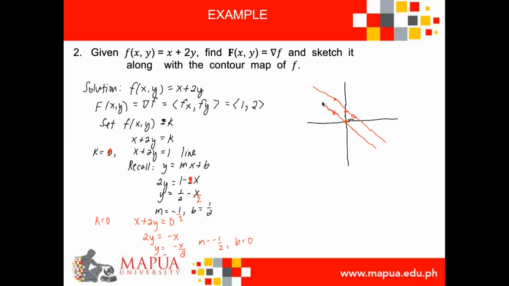So we can generate similar lines. And even if we're not going to get the other equations, we can just generate these lines. So just take note that they are parallel, and of course they have the same slope.